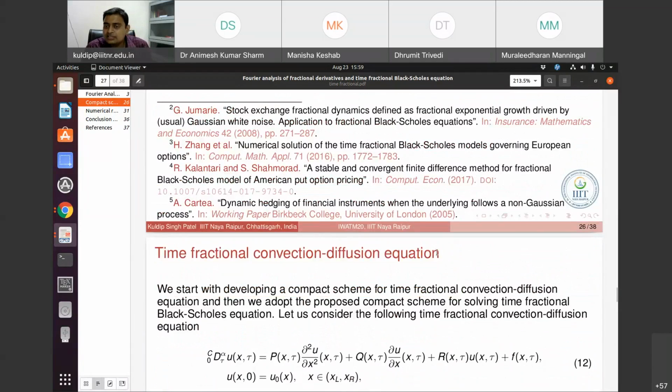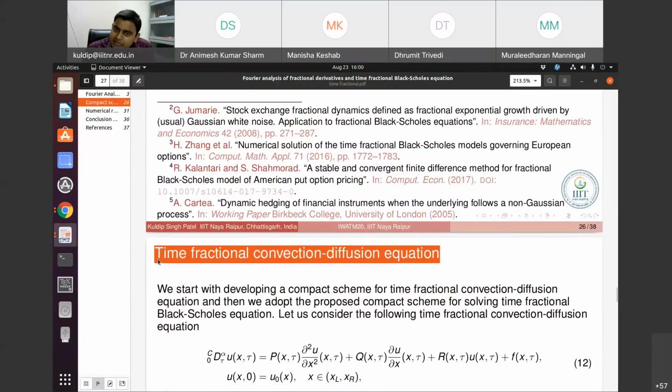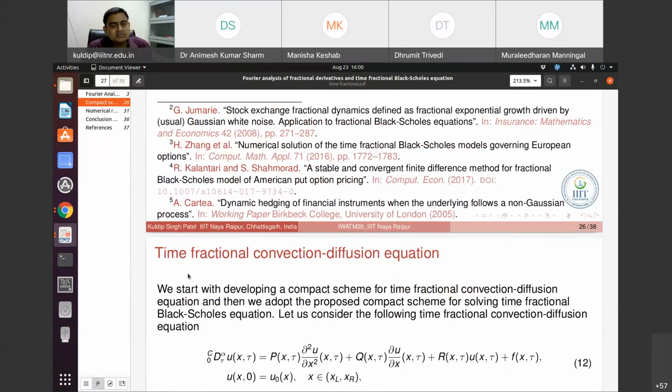For time fractional, sir, please don't be confused, for time fractional you can find fourth order accurate schemes, many more, I believe. But my concern is space fractional, which I'll discuss a little later. For the space fractional convection diffusion equation, I still believe that there is no method, or maybe recently, I am not aware, but to the best of my knowledge, there is no method.